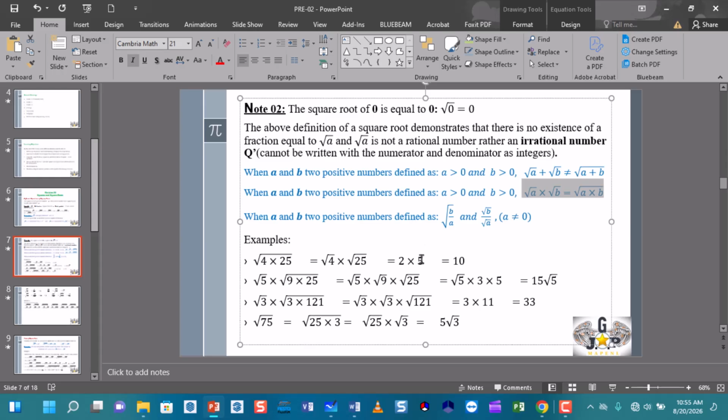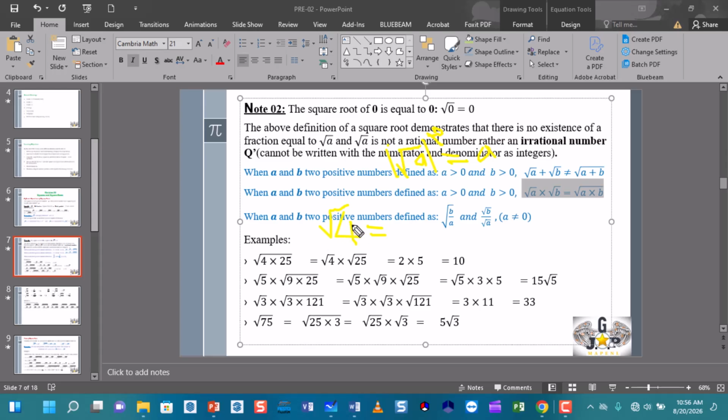2 and 5 are called perfect squares. Why are they called perfect squares? It's because if I solve the square root of 4 this way, remember we said that the square root of a, in brackets squared, gives us a.